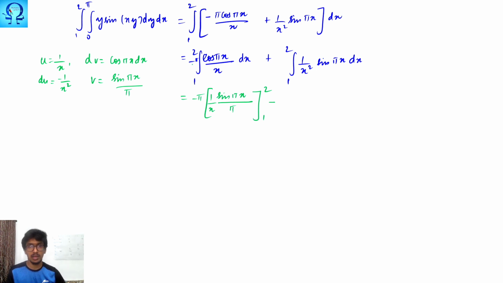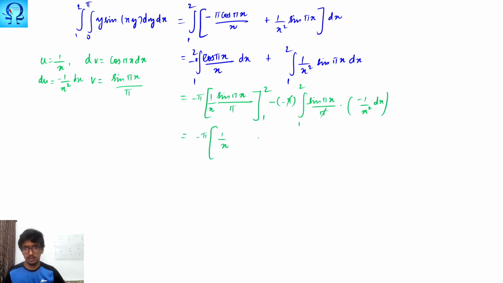We have taken minus pi already outside, so minus of minus pi integral 1 to 2 of v du, that is sin pi x upon pi times minus 1 upon x square dx. So this pi and pi get cancelled, minus times of minus becomes what?